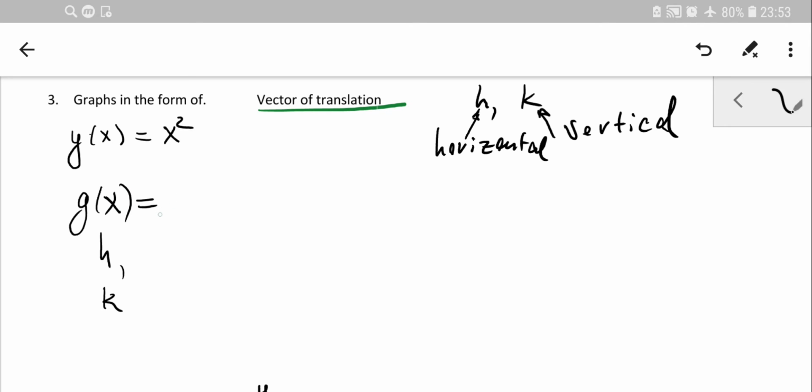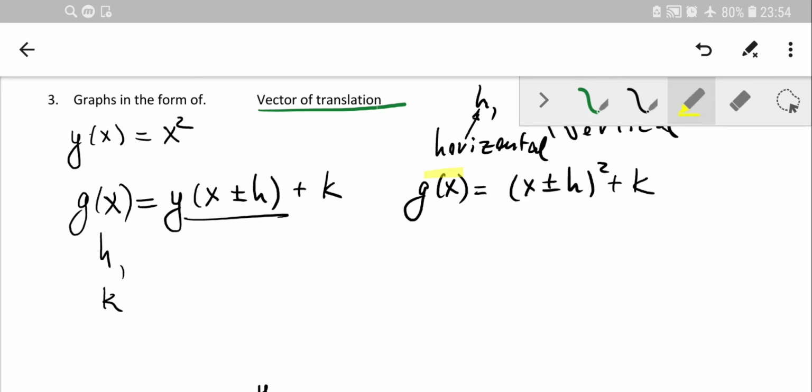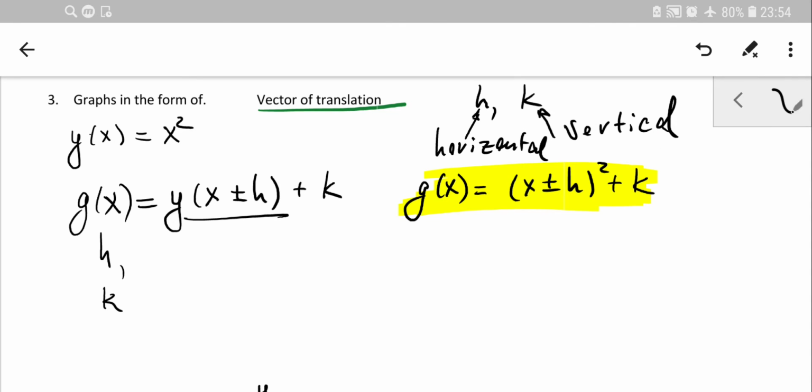Simply we need to say that it's y from x plus or minus h, right? And also on top of that value, we need to add some k units externally. So that means in general form, we'll have g of x equals (x plus or minus h) squared plus k. That's the general form of vertical and horizontal translation, so basically combined translation.